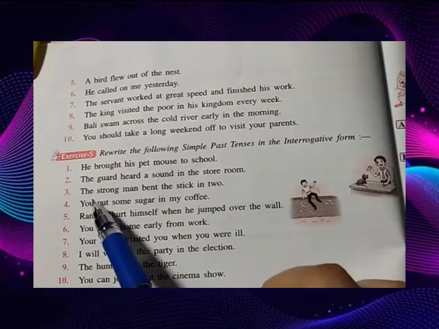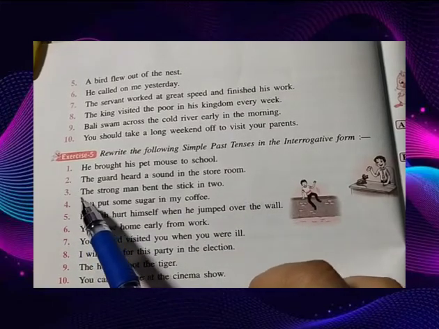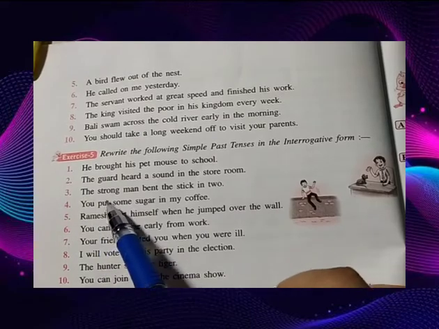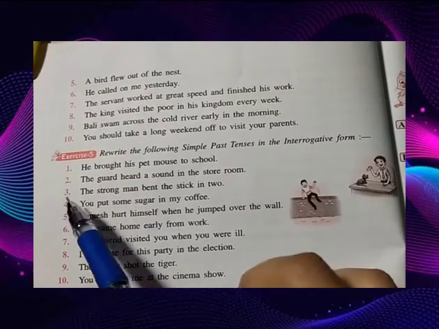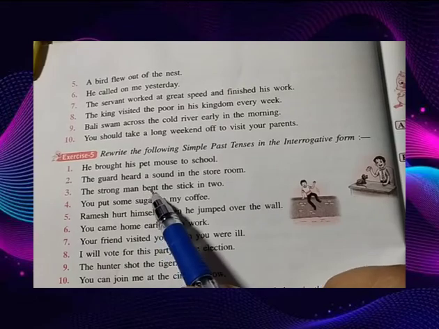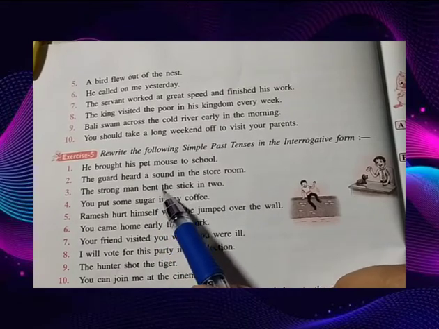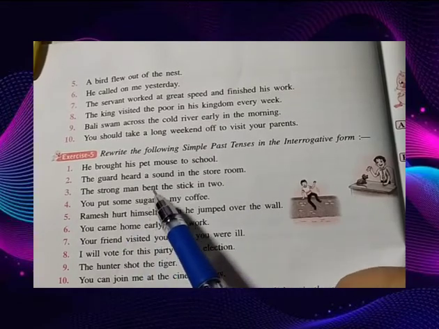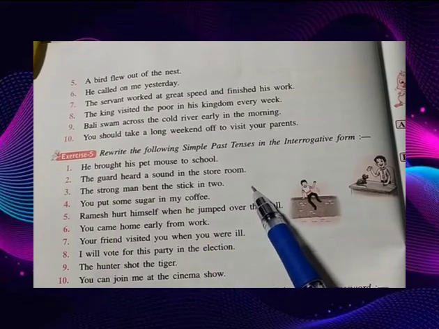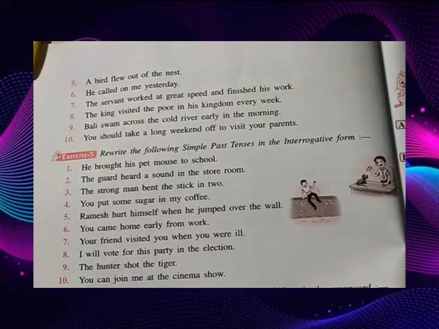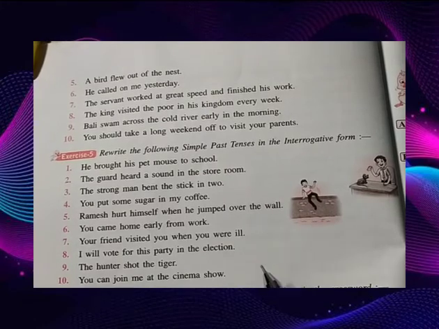Next one, did plus subject. What is the subject here? The strong man. So did the strong man, bent will change into bend. So did the strong man bend the stick in two? In the same way you will try to do yourself and check your answers with the solutions I will send to you in the PDF.